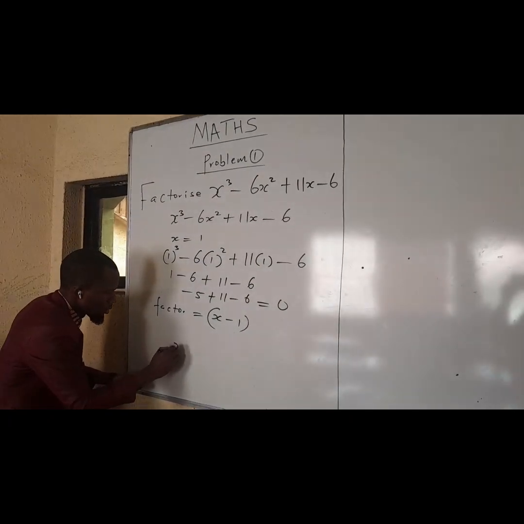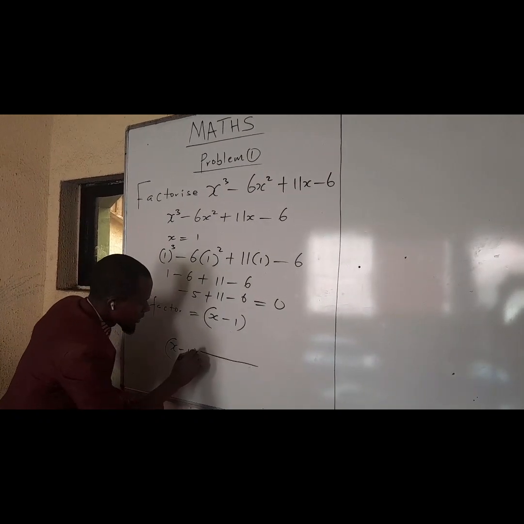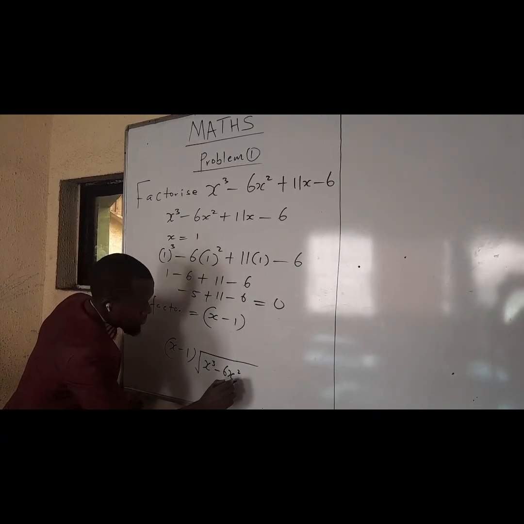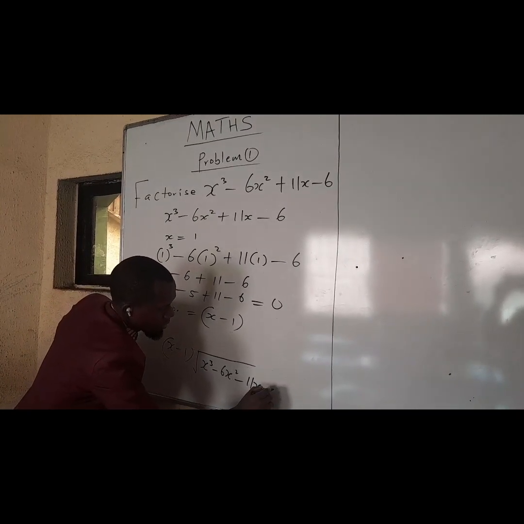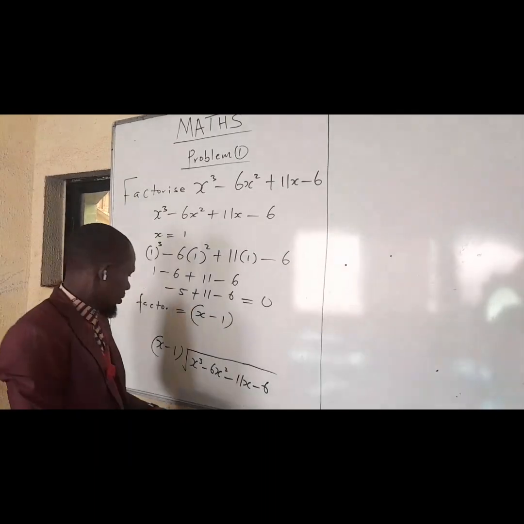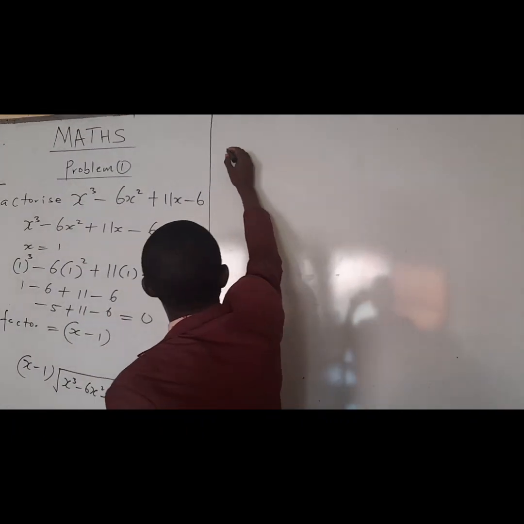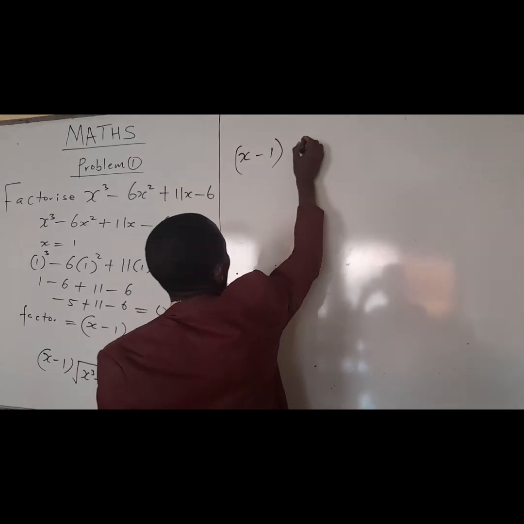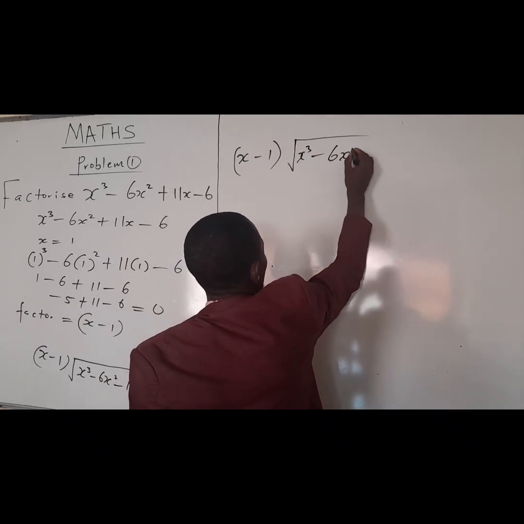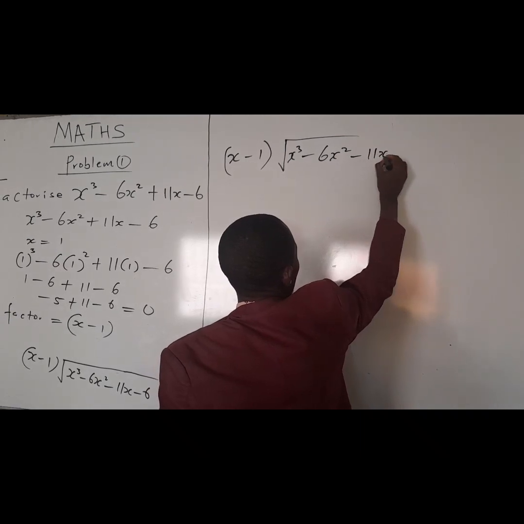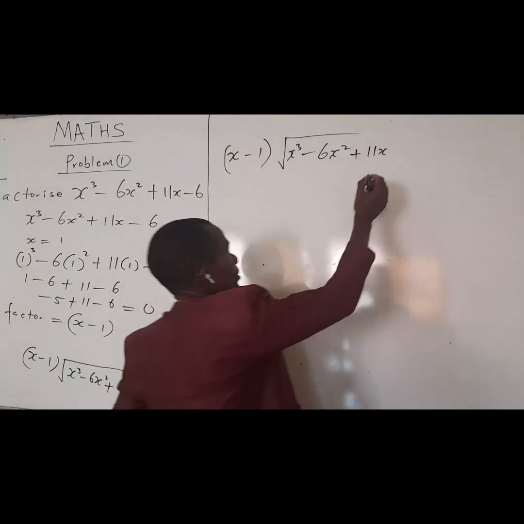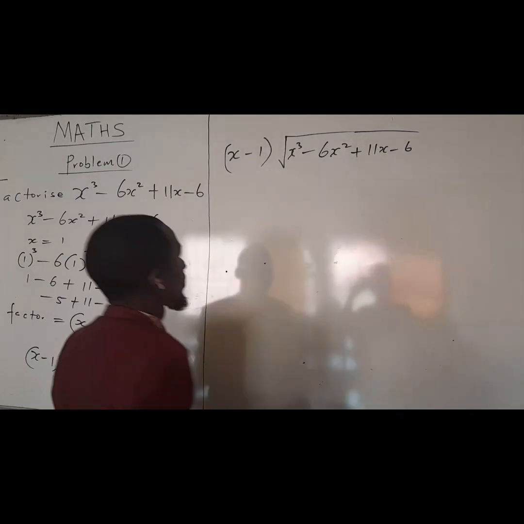So I have x minus 1 divided by x cubed minus 6x squared plus 11x minus 6. Okay, so I have this now.